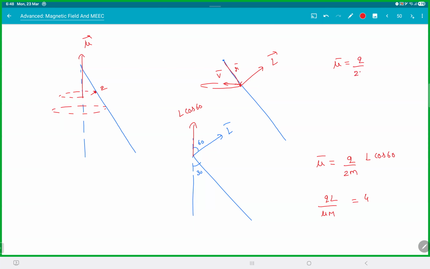So be careful. And again, remember this formula is valid only for uniform distribution of charge and uniform distribution of mass. If the charge is not uniformly distributed, you cannot use this concept. This thing was derived for that condition. So both should be uniform.